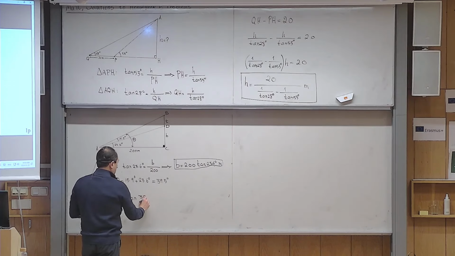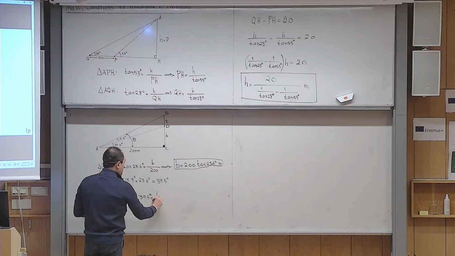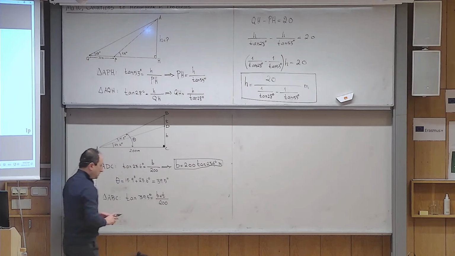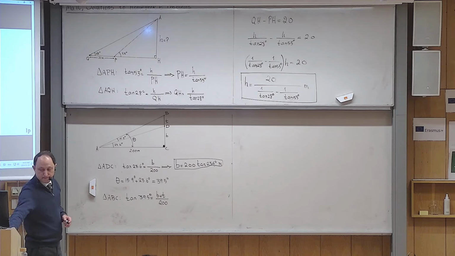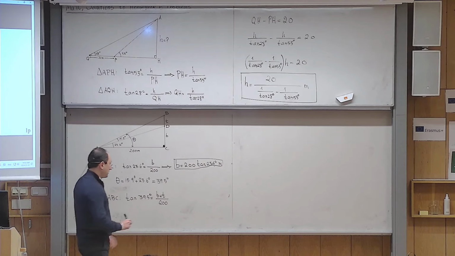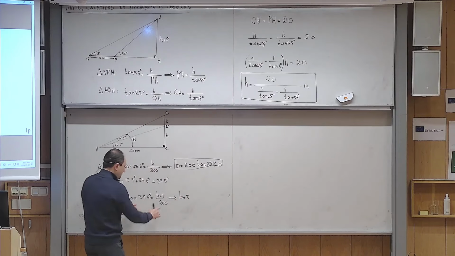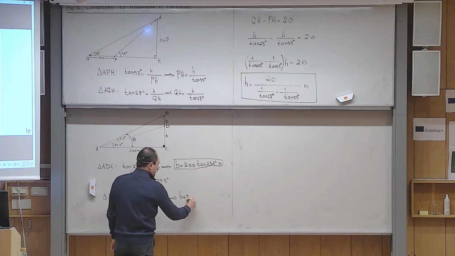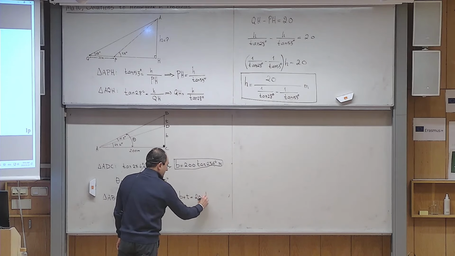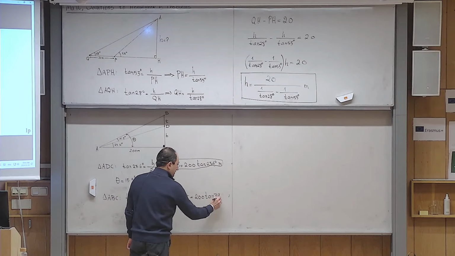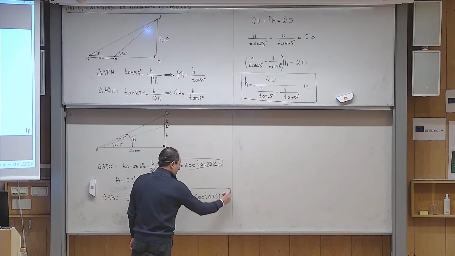So tangent of 39.5 degrees is B plus T divided by, again, the adjacent side, which is 200. And now what happens? From here, I get B plus T. I multiply by 200 again, so it becomes 200 tangent of which angle? 39.5 degrees, in meters. This is also B plus T.